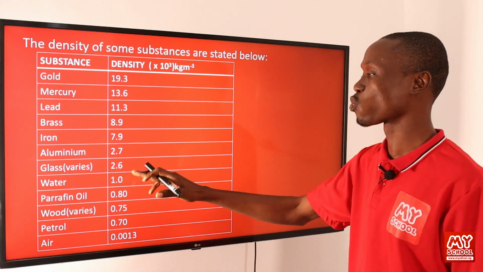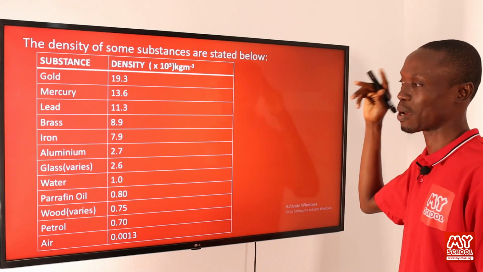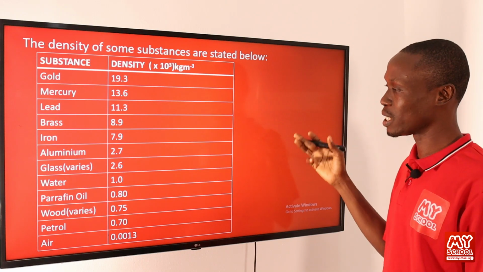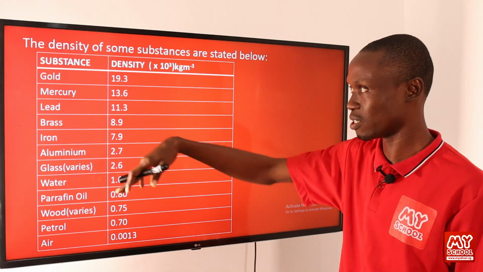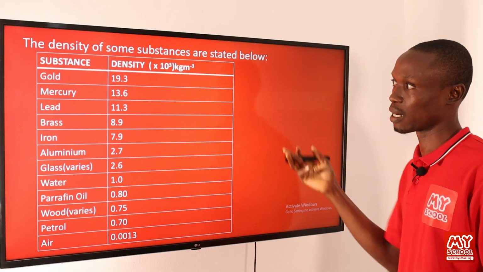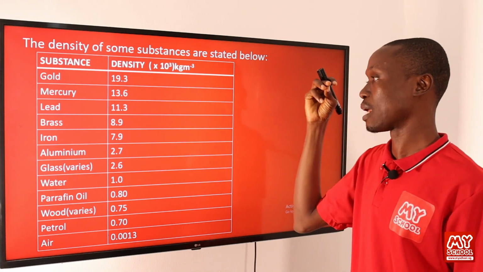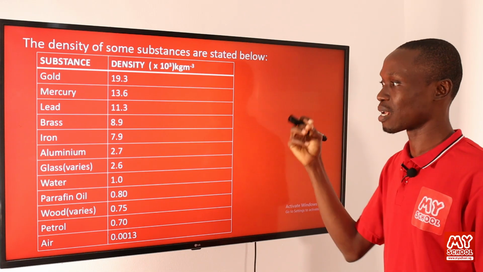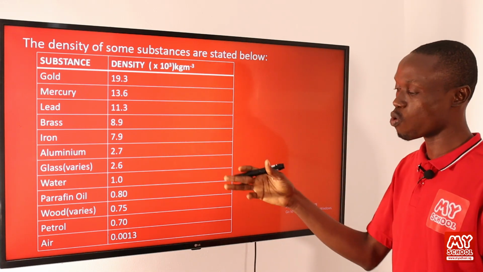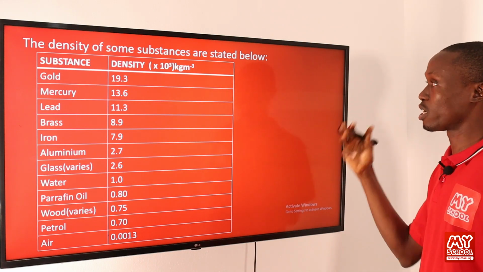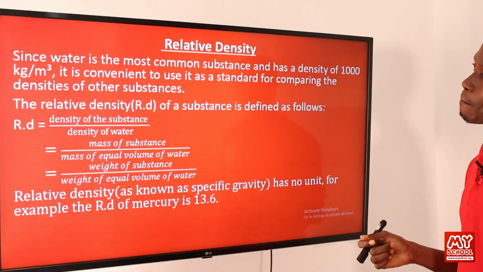That of water is 1.0 times 10 raised to the power 3 kilogram per meter cube. The rest are the densities of the other substances listed, like gold, lead, brass, iron, aluminium, glass, paraffin, oil, wood, petrol, air, etc. So let's move to the next slide.